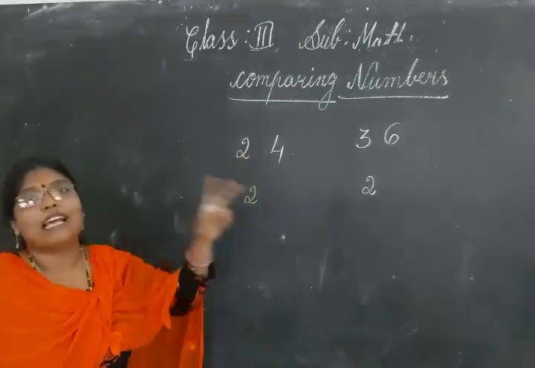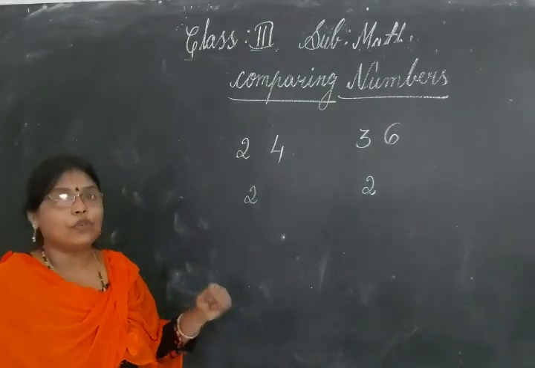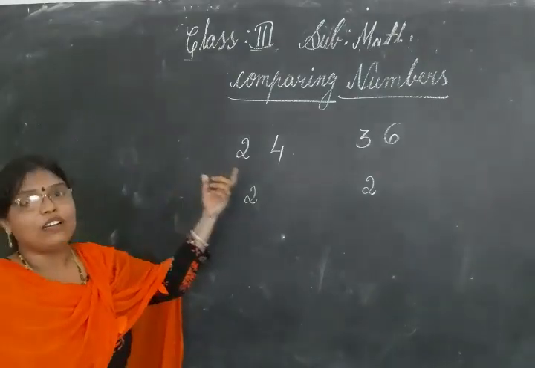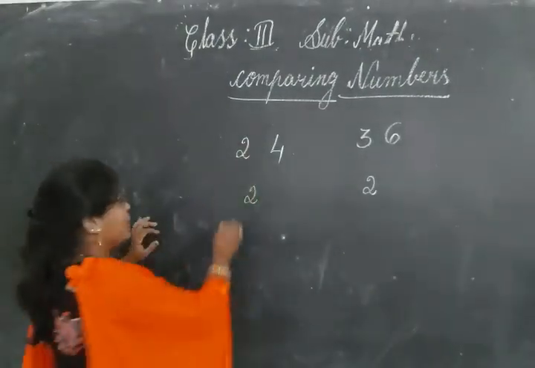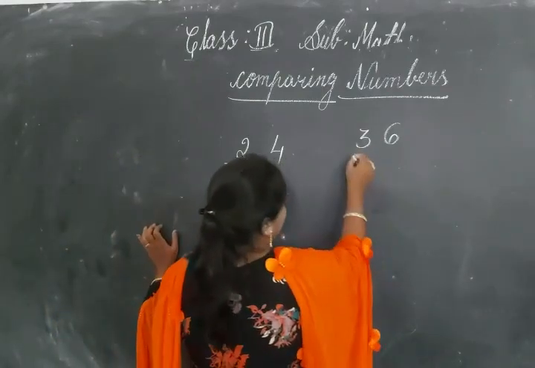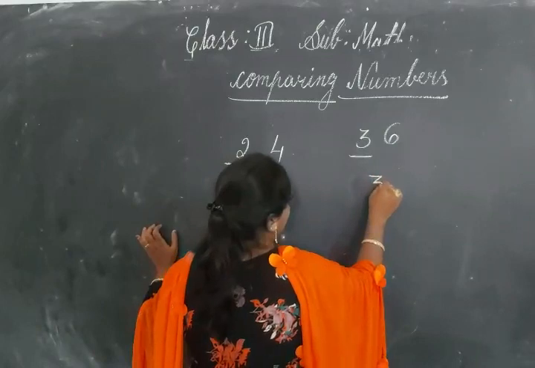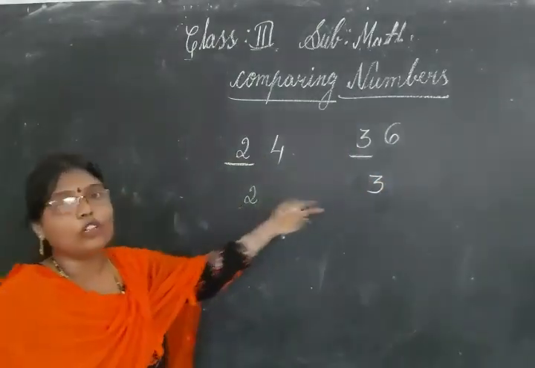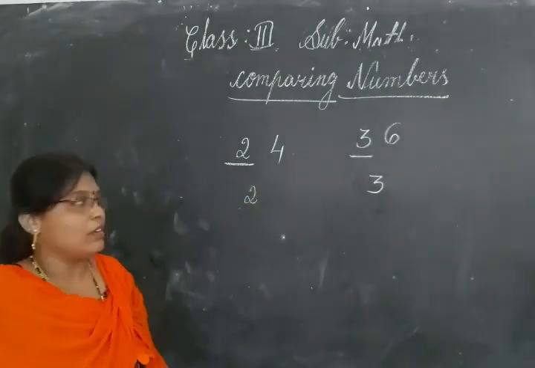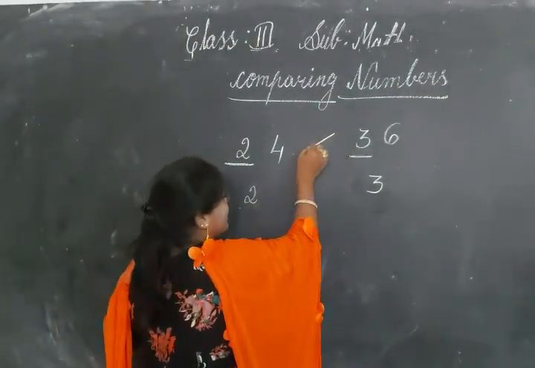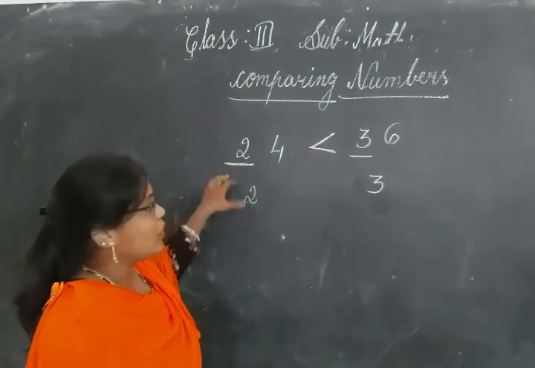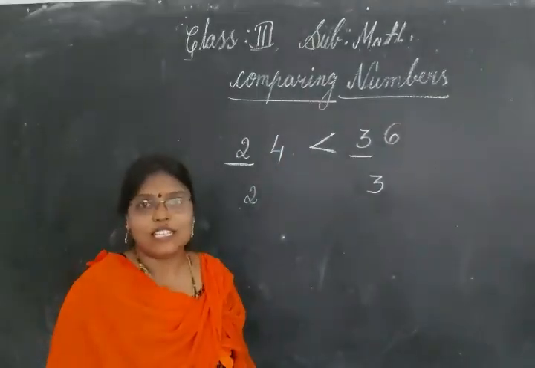When both numbers have two digits, you have to see the first digit of each number. Whichever has the bigger first digit, that number will be the bigger number. See, here what is the first digit? 2. And in this number, the first digit is 3. Which is the bigger number, 2 or 3? 3. So, 36 is the bigger number. So, you have to show opening towards 36, that is the less than symbol. So, 24 is less than 36.